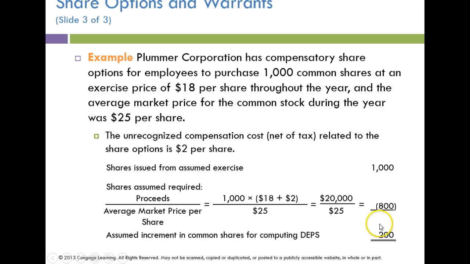So in doing that, we add to our common shares 200 more shares. Basically, we're taking what it's going to cost us to exercise them, dividing it by the market price. That is how much we're going to reduce from the 1,000 shares. So it's really 200 shares that we're adding to the pot. Okay?